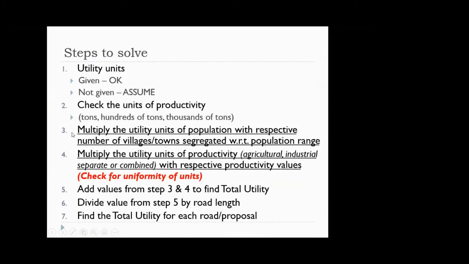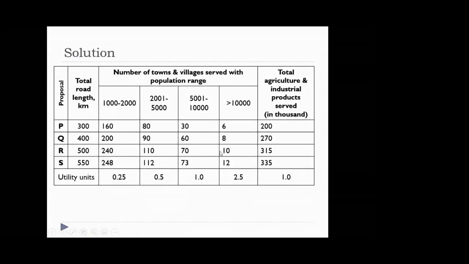Coming to the third step, in the third and fourth steps, you have to multiply the utility units of population with the respective number of villages or towns segregated by population ranges, as well as multiply the utility units of productivity with the respective productivity values. And you have to check for uniformity. What I mean by this is, I have taken the same table from the question and I'll do the calculation.